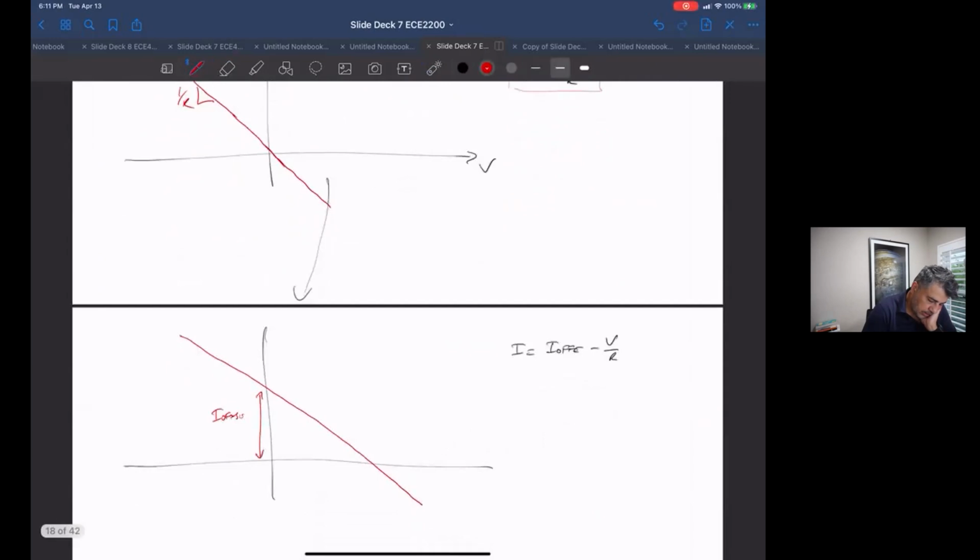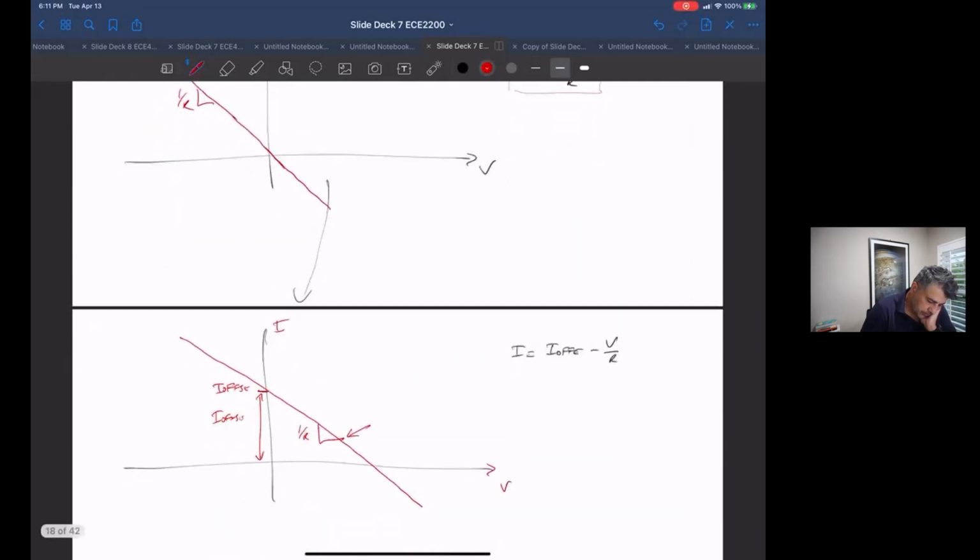So it would look like this, right? This is I offset, and this curve has slope 1 over R.